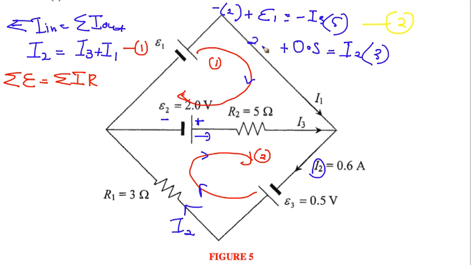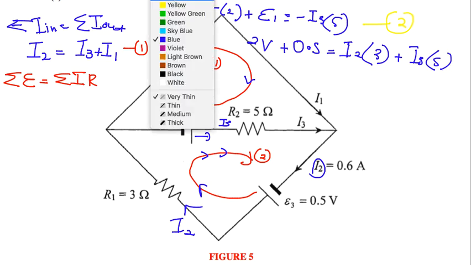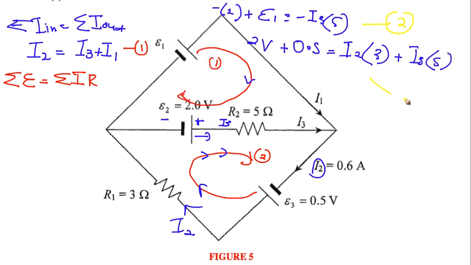This is 2 volt, right? And continue, you have the drop voltage R2. The current flow here is I3. This is I3 through R2, so you have positive I3 and R2 is 5 ohm. So this is the third equation.